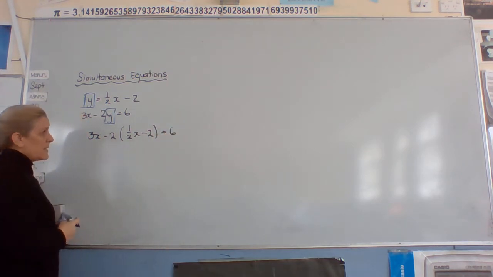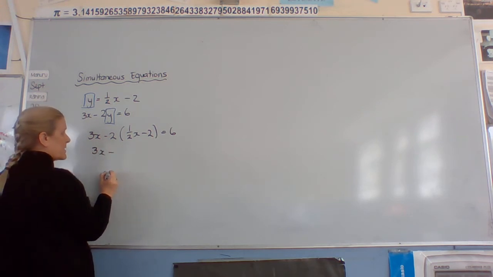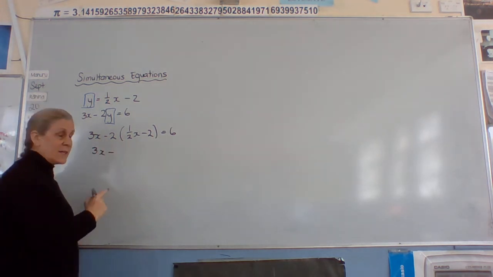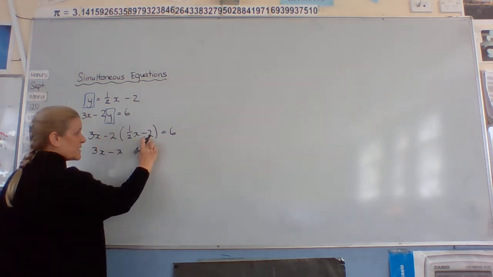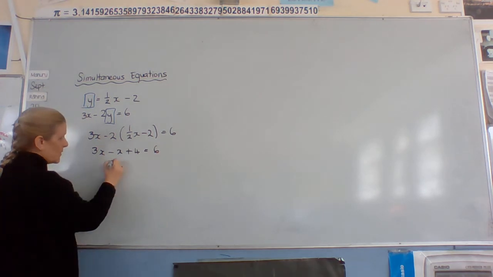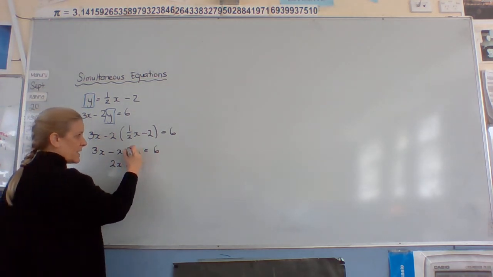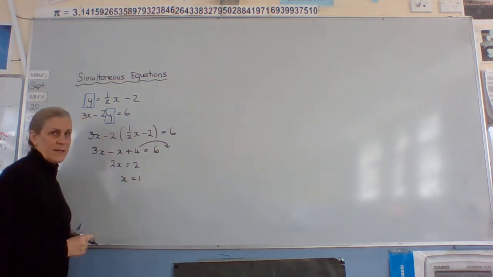All right? So when I multiply this out, I'm going to get 3x minus 2 times a half is 1, so a half, 1x, negative 2 times negative 2 is positive 4 equals 6. So we've got 2x equals 6 take away 4 is 2, x equals 1. That's nice.